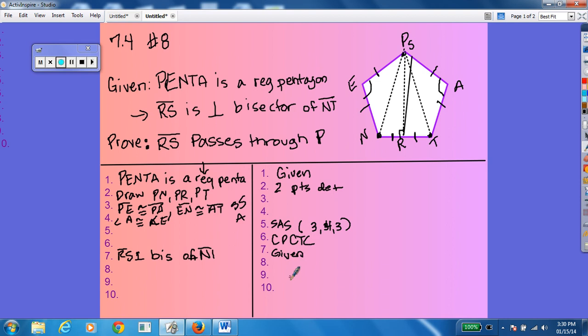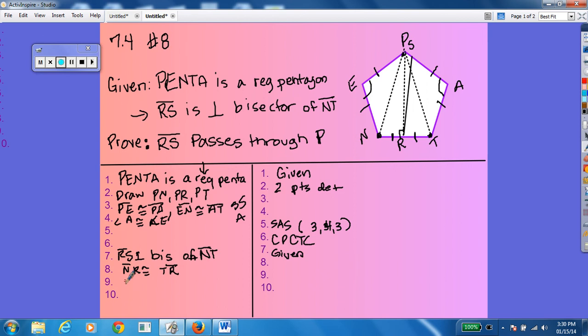And since we said up here that PN and PT were congruent, and we've got a perpendicular bisector, we can say then that NR is congruent to TR because bisectors divide segments into two congruent segments. That's what a bisector does.